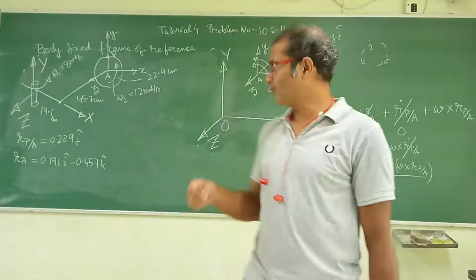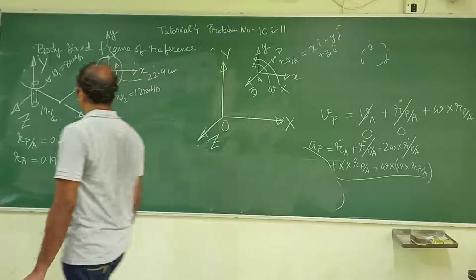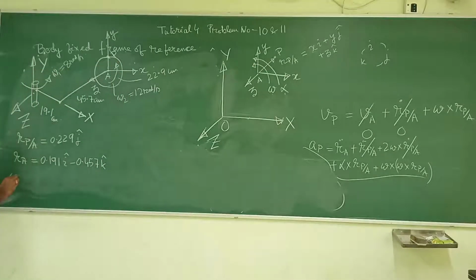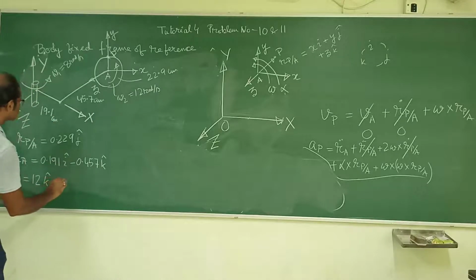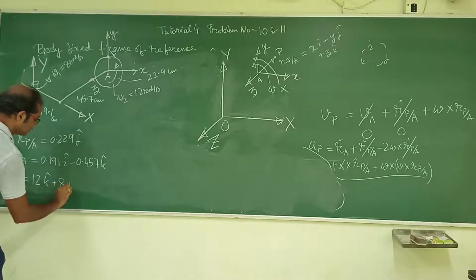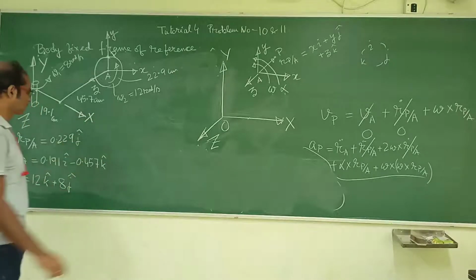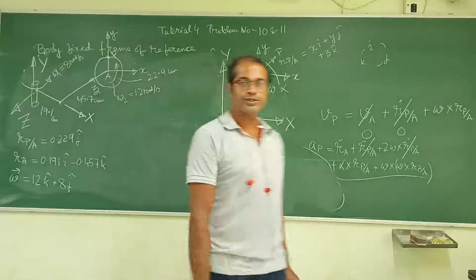Okay, sure. Now what is omega? Omega is equal to, tell me, there are two rotations. One is about Z anti-clockwise, so it is 12 K, and it is anti-clockwise, plus 8 J. Okay, sure.